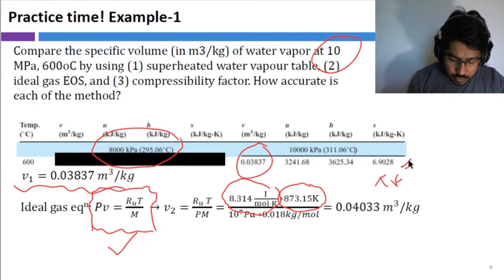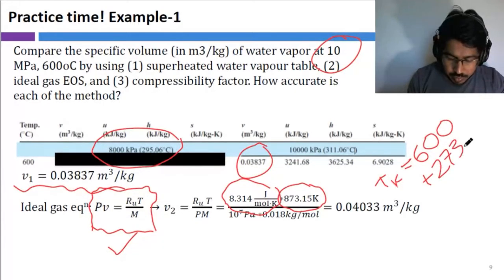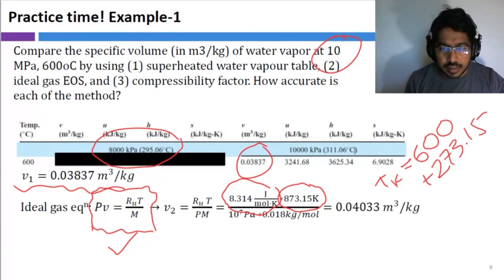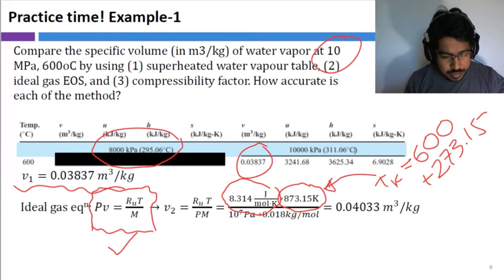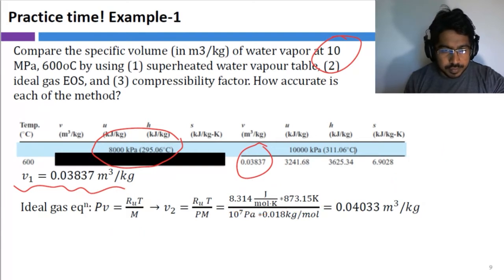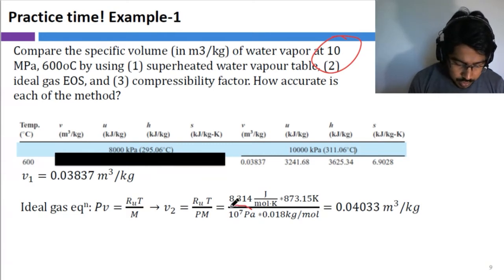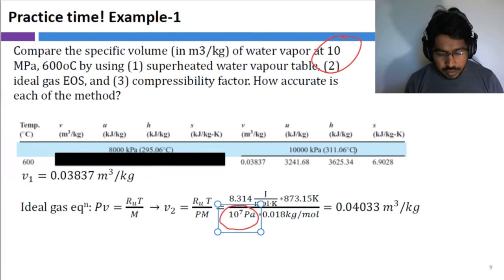TK is equal to 600 plus 273.15, right? So this is what we did, and now we have this value here, and then in addition to that we have our pressure values. So the pressure value 10 to the power 7 pascals, right?